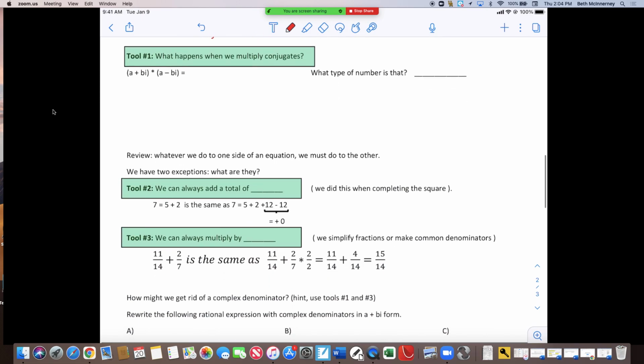All right, a little bit more review. So what happens when we multiply complex conjugates? We're going to leave it in the general form that we've dealt with, okay? a plus bi, a minus bi. So we can see that these are conjugates.